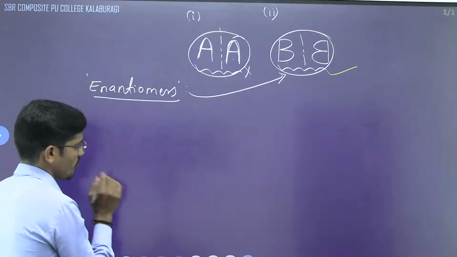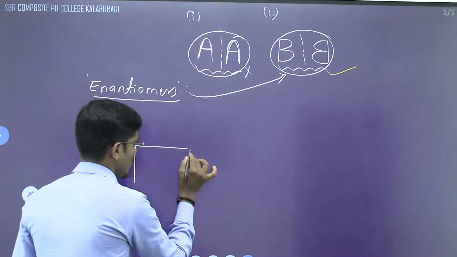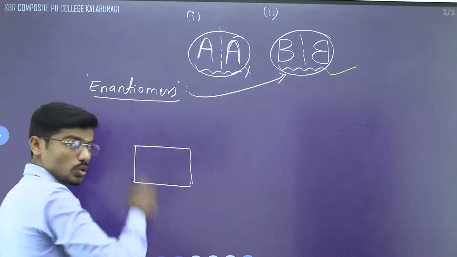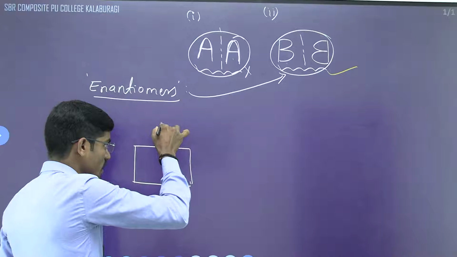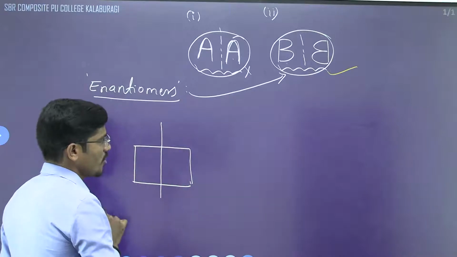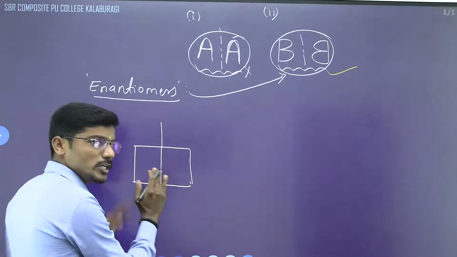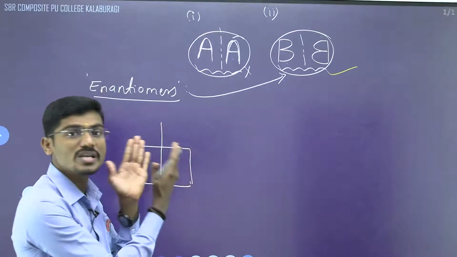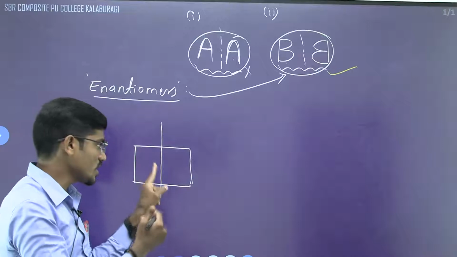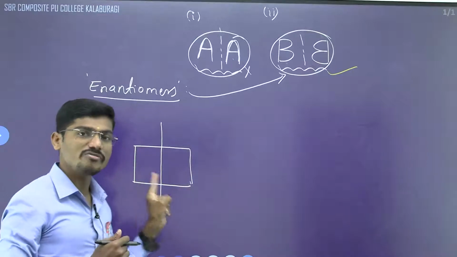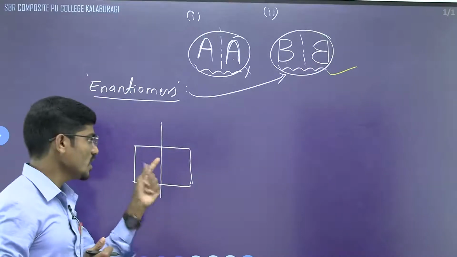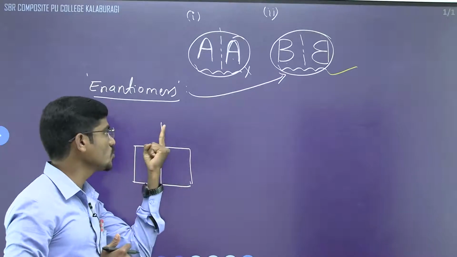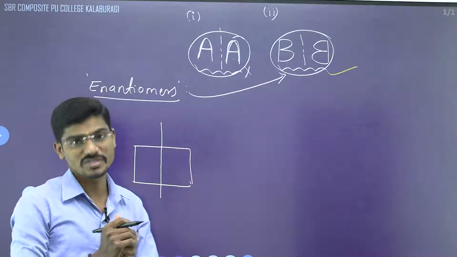For example, if we consider a box, this is a plane which divides the object into two equal halves, and these two halves are mirror images of each other. Then it contains a plane of symmetry.